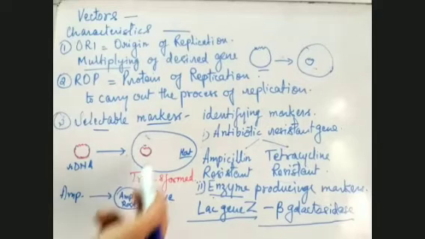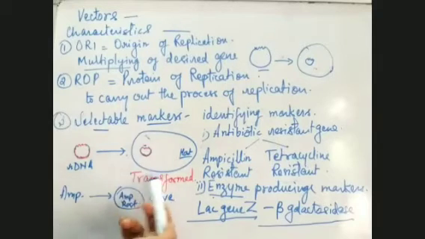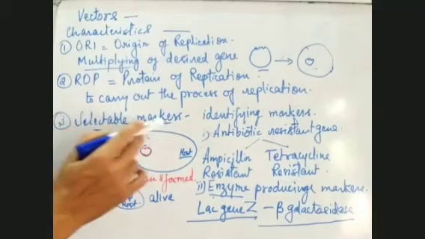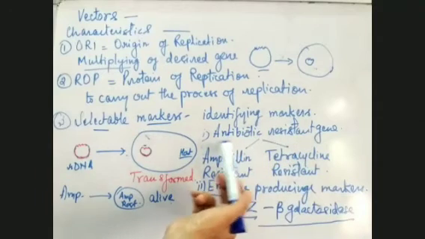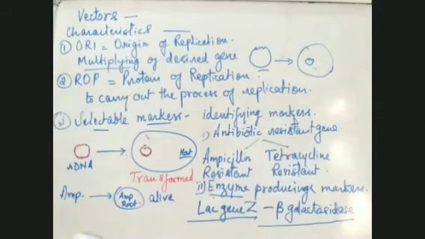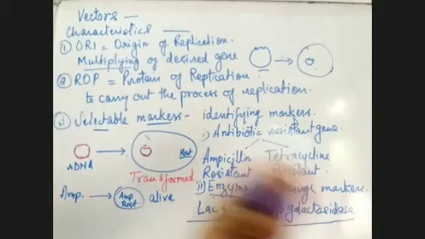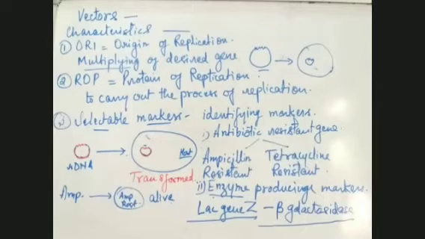Such hosts in which the desired gene is present are known as transformants or transformed hosts. Now these selectable markers are of two types: either antibiotic resistant markers, or enzyme producing markers.